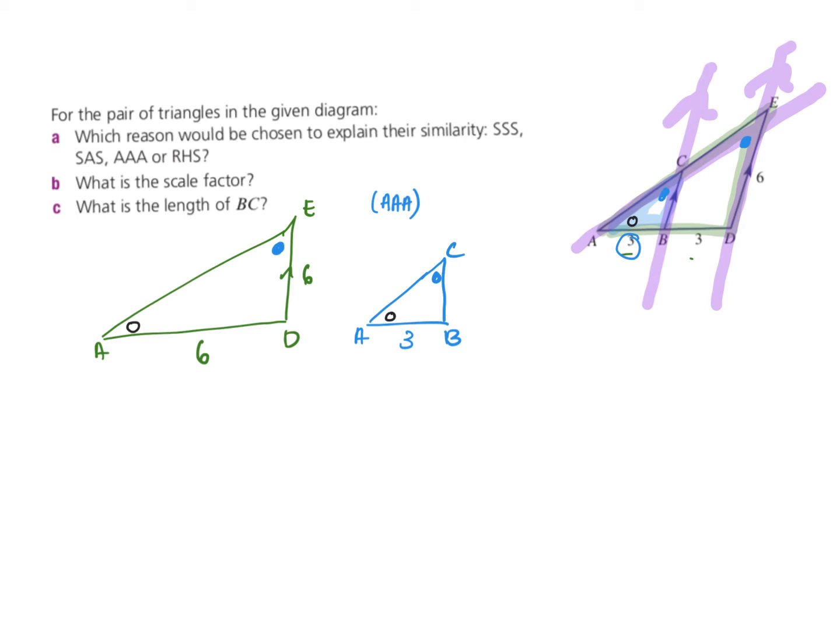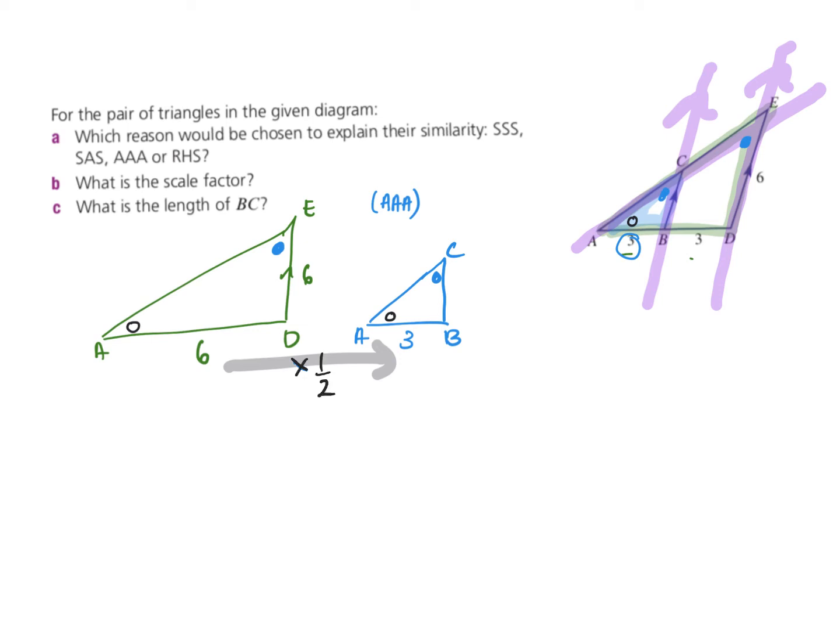But what is the scale factor? Now that we know they are similar, what has happened when it went that way? It's divided by 2, isn't it? What would you times something by to get it to divide by 2? You times it by a half. Does that make sense?